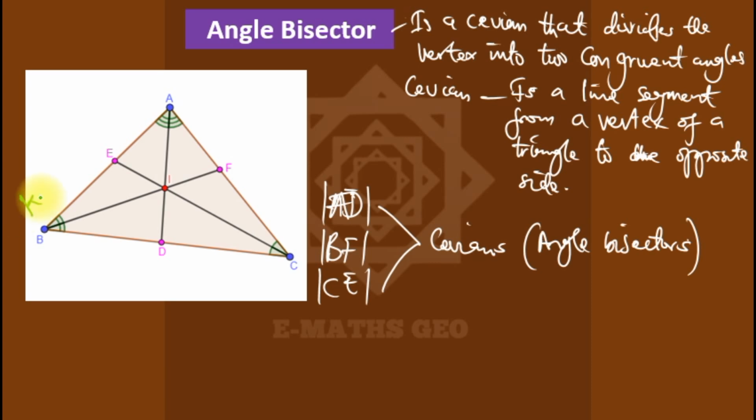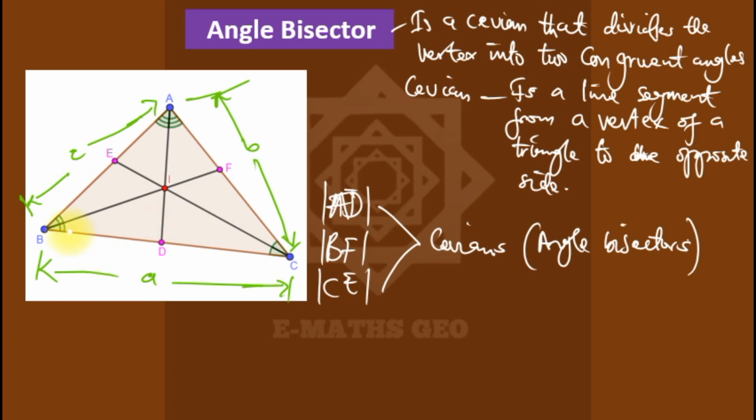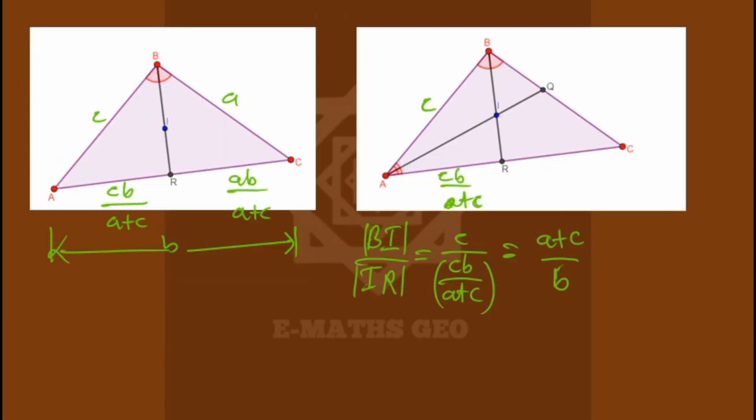If here is small letter C, this one is small letter B, and this one is small letter A. We've proved that as long as these are angle bisectors, AI over ID for the first one is C plus B over A. BI over IR: the length here is A, so you add the other side over the other side. So that's it. I've proved it.